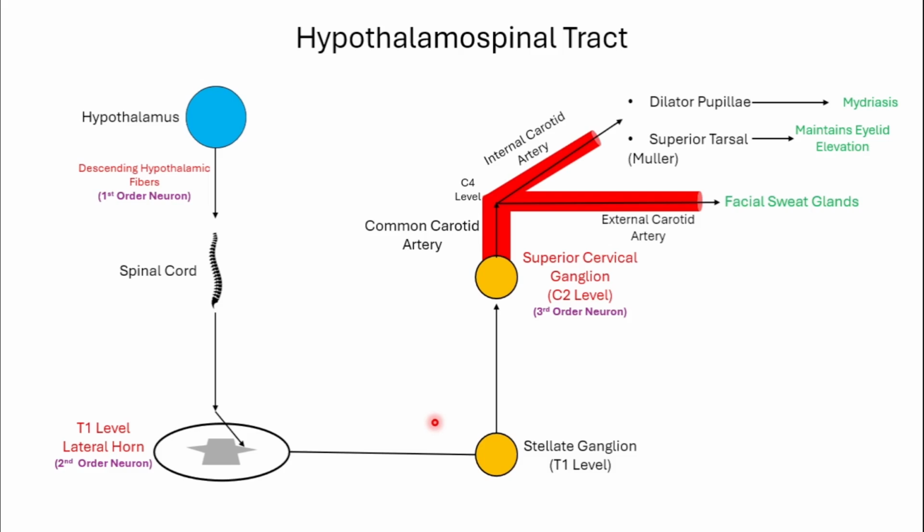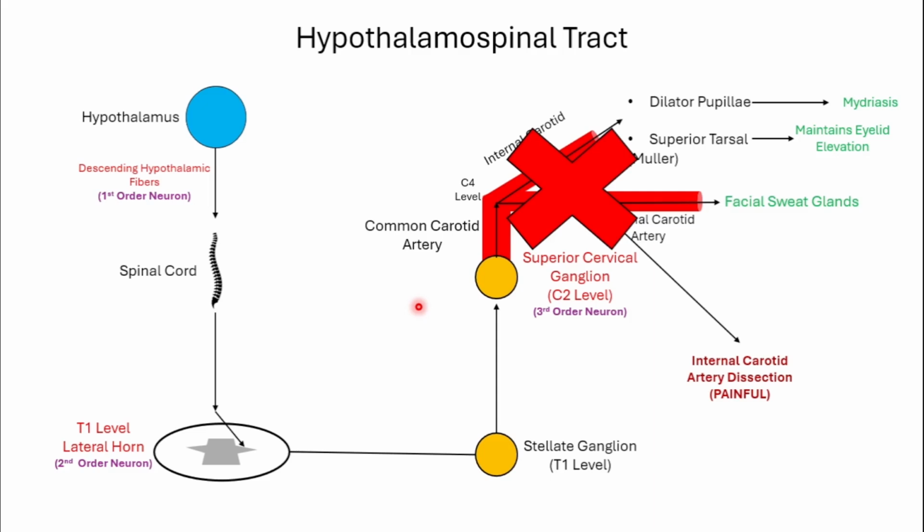And finally, a third-order neuron lesion is a lesion that happens anywhere from the superior cervical ganglion to the tract termination. Now, as we said before, the superior cervical ganglion is located parallel to the common carotid artery, which then branches off into the internal and external carotid arteries.